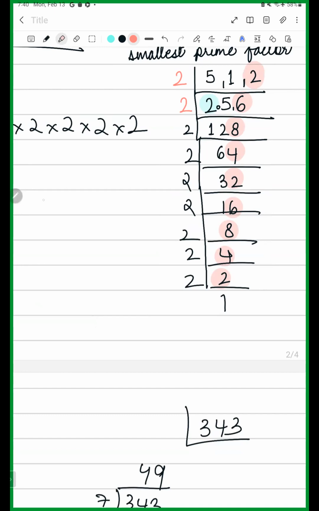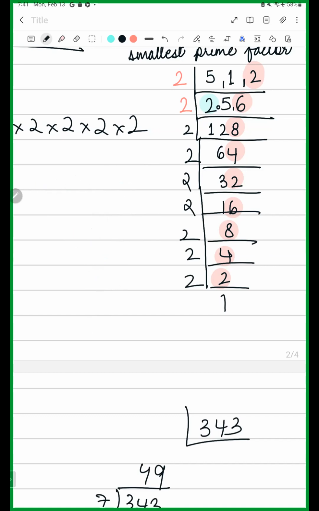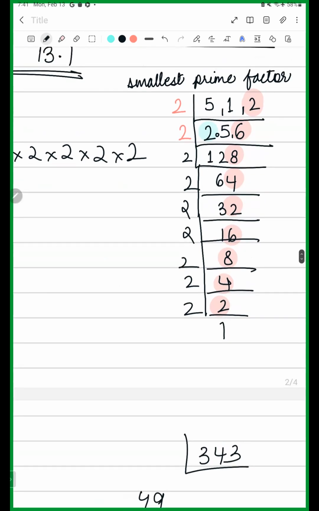In the table of 2, 2 1s are 2, 2 2s are 4, 2 3s are 6, 8, 10, 12, 14, 16, and so on. So every single number is an even number, है ना? So all even numbers are multiples of 2. So that's how we know that 2 is a factor of all of these numbers.